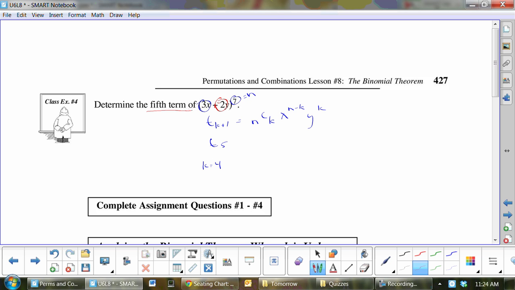So now I can just fill in everything that I have. I have 7C4, x is 3x to the n minus k, 7 minus 4, and y is negative 2y, to the 4.